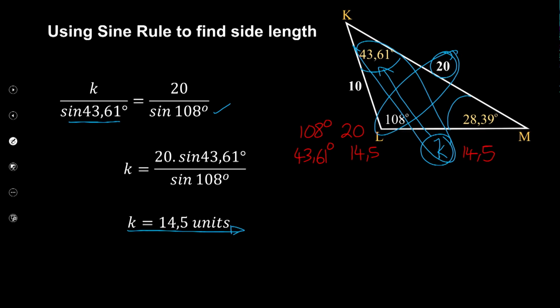And the third angle and side that we found is 28,39, and the side across it is 10. So we've checked our answers. It looks like the biggest side is across from the largest angle, and the smallest side is across the smallest angle. So our check is also complete.